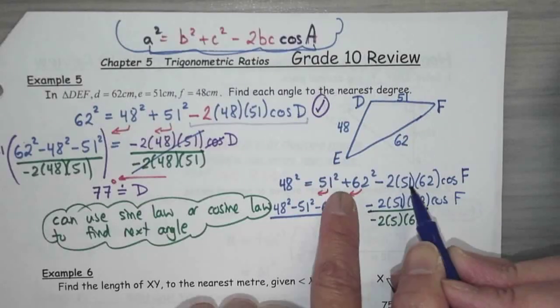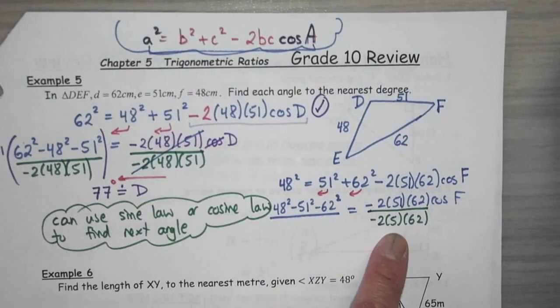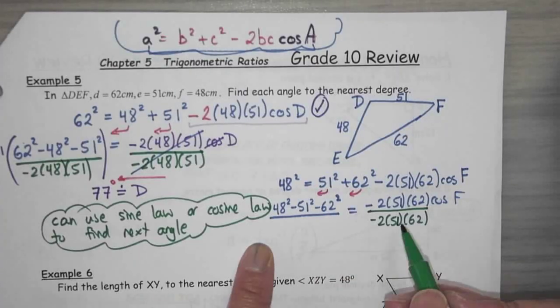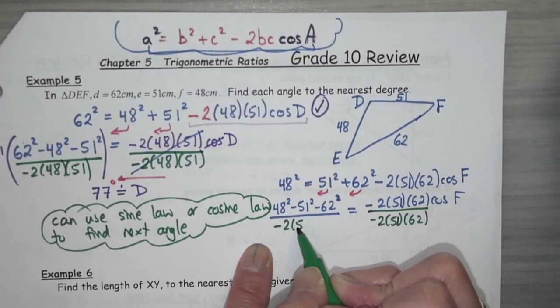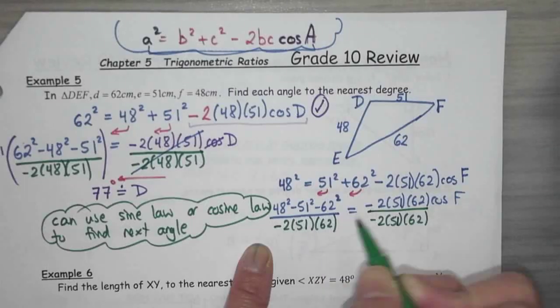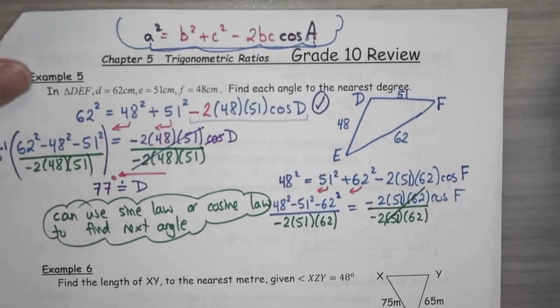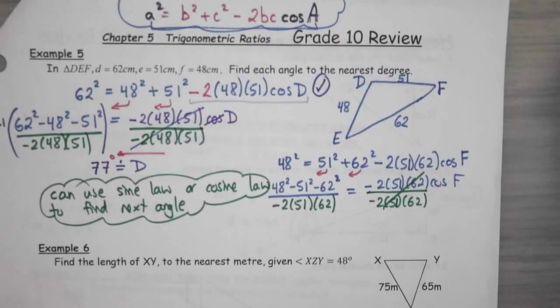So that matches. 2 times 51 times 62. Thank you. All right, that should be 51. That's me. Okay, and then divide both sides by that. So again, that is what the formula is. When people say the other formula, it's just you solving. It's just you've pre-solved it. And again, I can't memorize one more formula. My brain is full. So I do this.